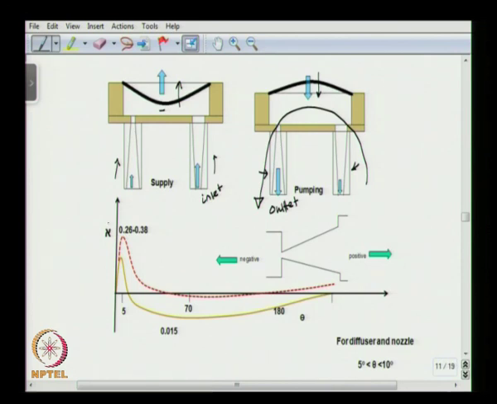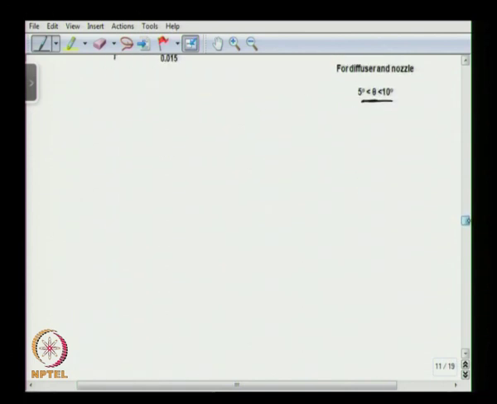This is known as rectification efficiency, which we will discuss, and this is found to be maximum for a nozzle diffuser angle of about 5 to 10 degrees. So in valveless micropump we use nozzle diffuser arrangement in place of valves.